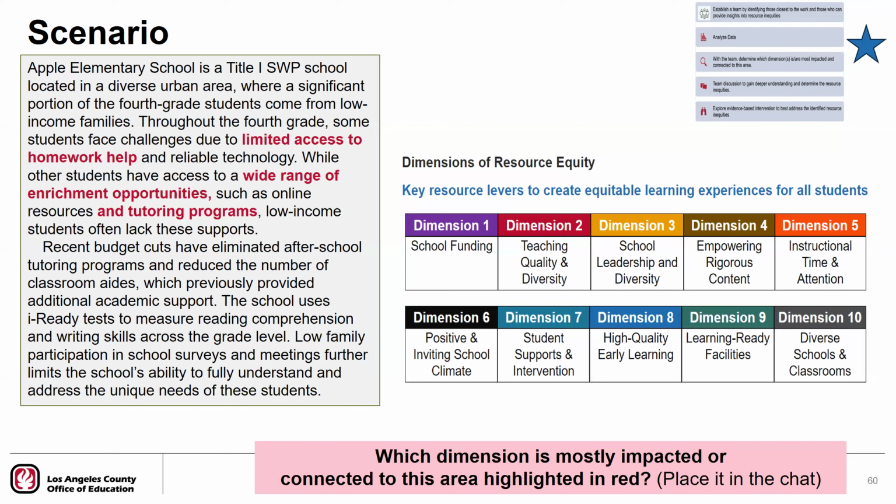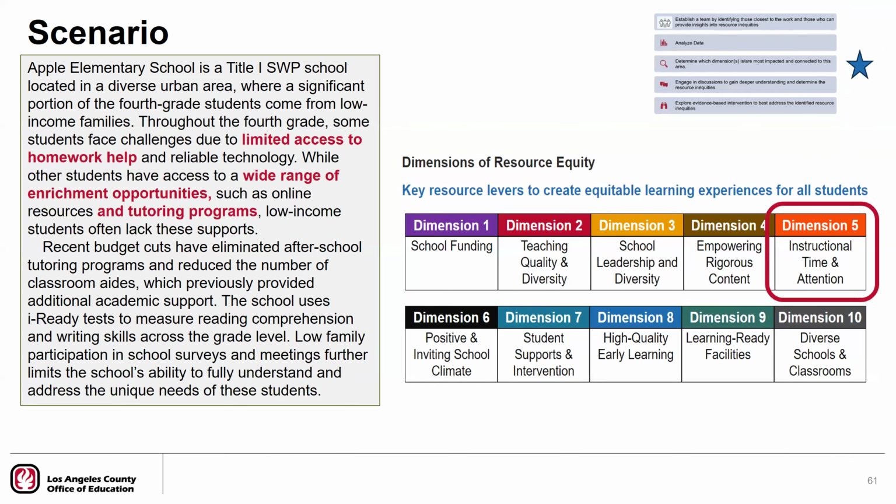Okay. This is great because I do see a toggle between 5 and 7. Dimension 5 is instructional time and attention, the dimension that looks at high quality instructional time and teacher attention. Dimension 7, student supports and intervention.